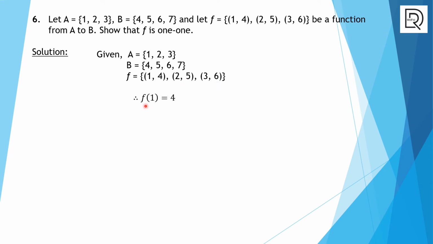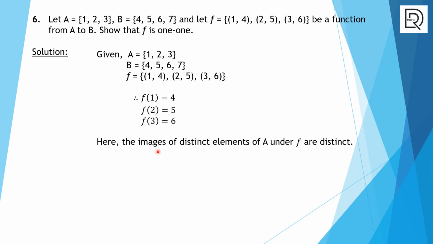So therefore f of 1 equal 4, f of 2 equal 5, and f of 3 equal 6. So here the images of distinct elements of A under f are distinct, because the images of distinct elements of A are distinct elements of B. So therefore f is 1-1.